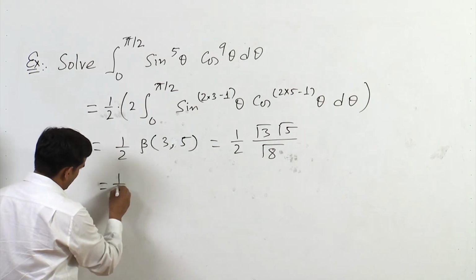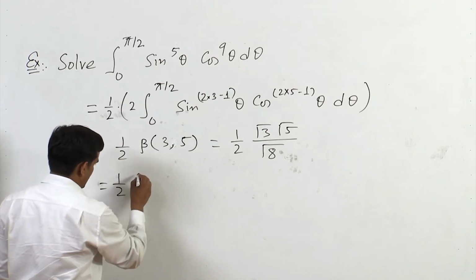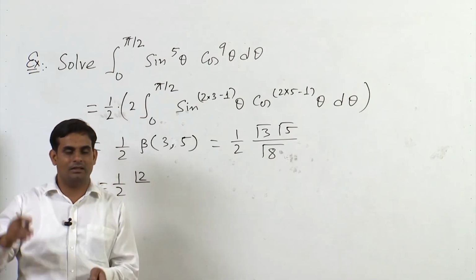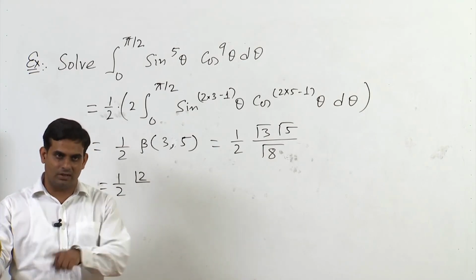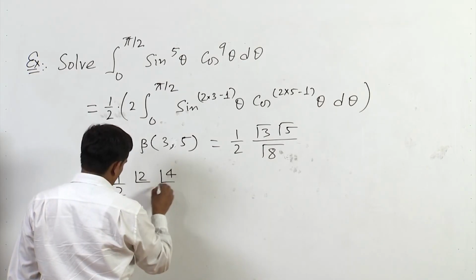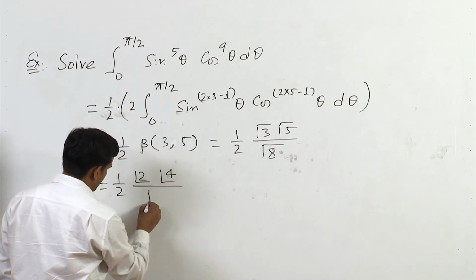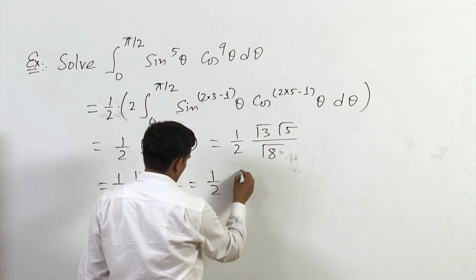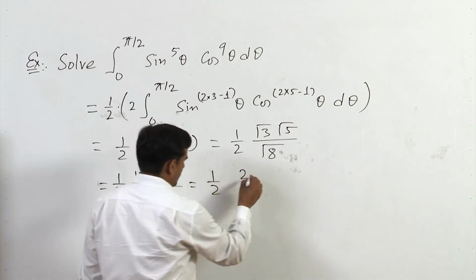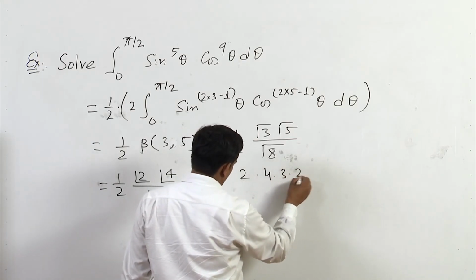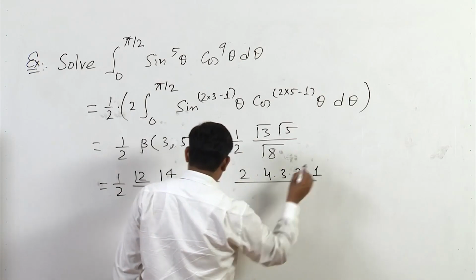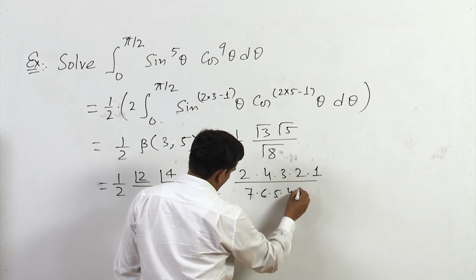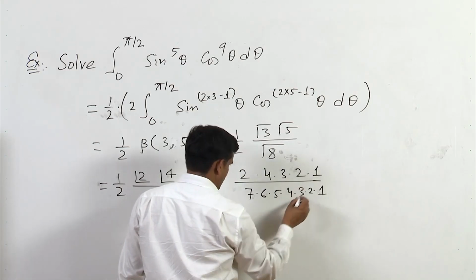This equals 1 by 2 times gamma 3, which will be factorial 2 because gamma of (x plus 1) equals factorial x when x is a positive integer, factorial 4 upon factorial 7. Factorial 2 is 2, factorial 4 is 4 into 3 into 2 into 1, upon factorial 7, which is 7 into 6 into 5 into 4 into 3 into 2 into 1.